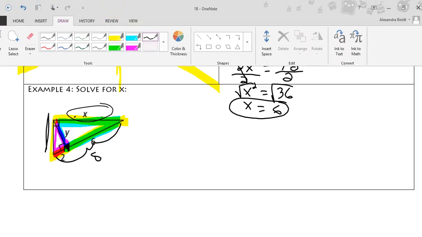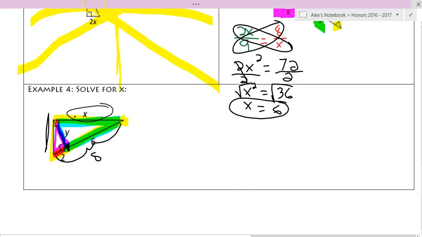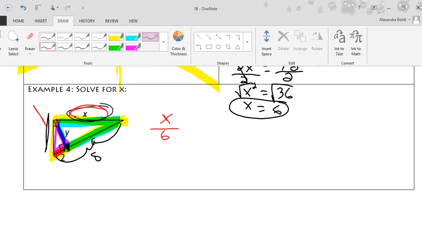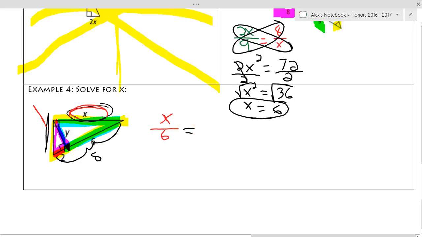Okay, so I'm going to try and start with x. So x here is the long side. So let's look at the blue triangle. I do know the long side. It's just 6. Equals. Right, well, what else?